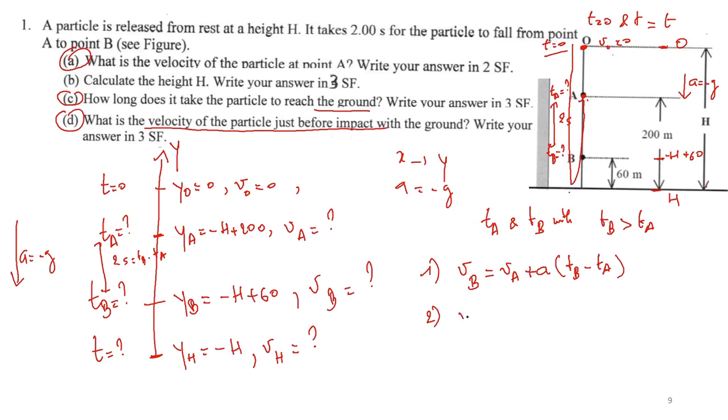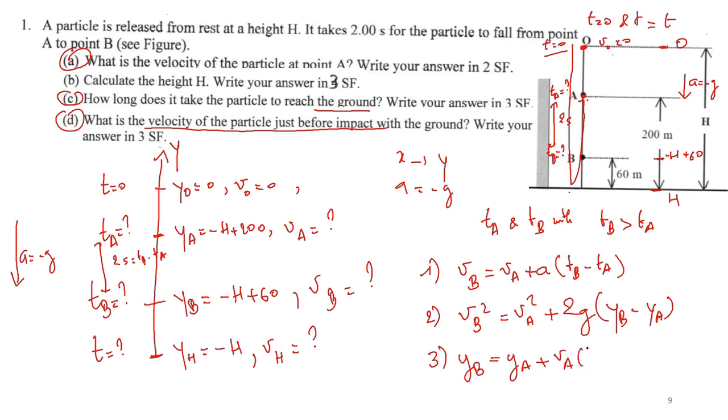Number 2, VB square is equal to VA square plus 2A (YB minus YA). And finally, YB is equal to YA plus VA (TB minus TA) plus half acceleration (TB minus TA) square.